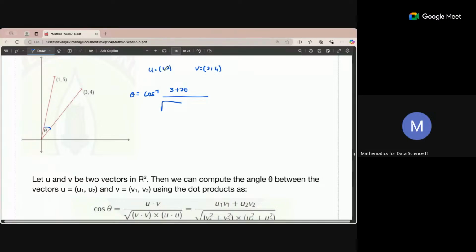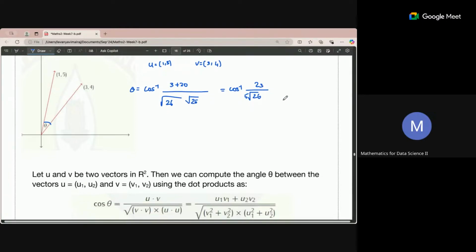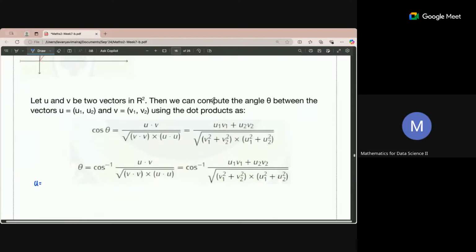What is the length of this vector? Square root of 26. And this one? Square root of 25, which is 5. So cos inverse of 23 by square root of 26 times 5. This is the angle between these two vectors. Okay, fine.